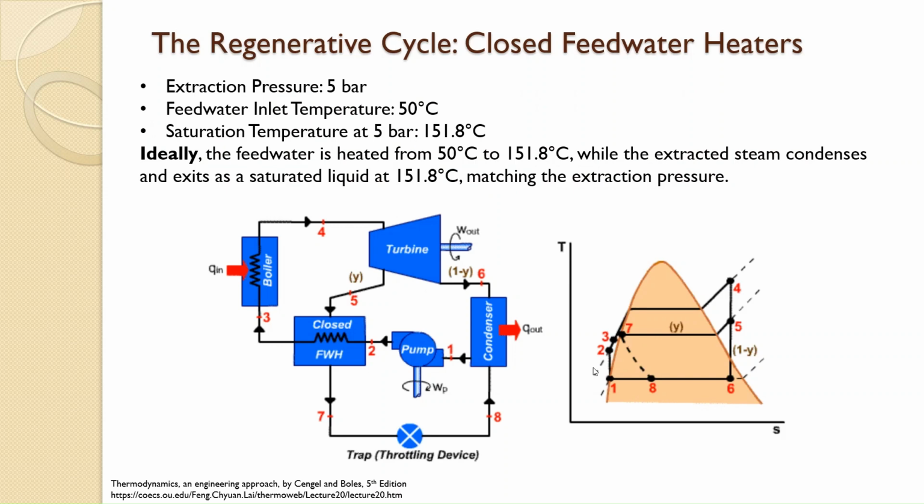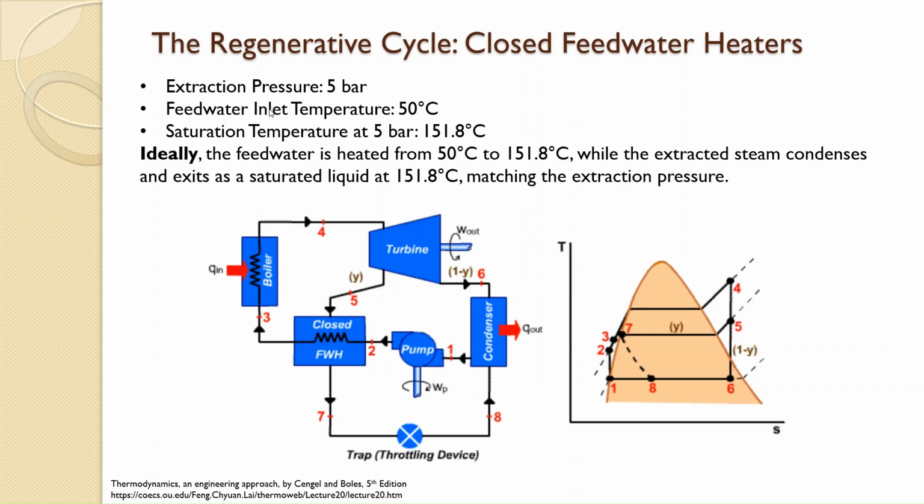Let's review one more time the example that we had before. Let's say the extraction pressure of the turbine is 5 bar here, this is stream number 5. If the pressure of stream number 5 is 5 bar, this means that the saturation temperature at 5 bar according to steam tables is 151.8.